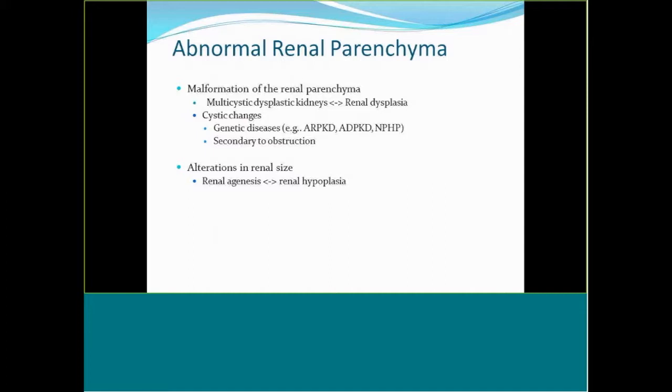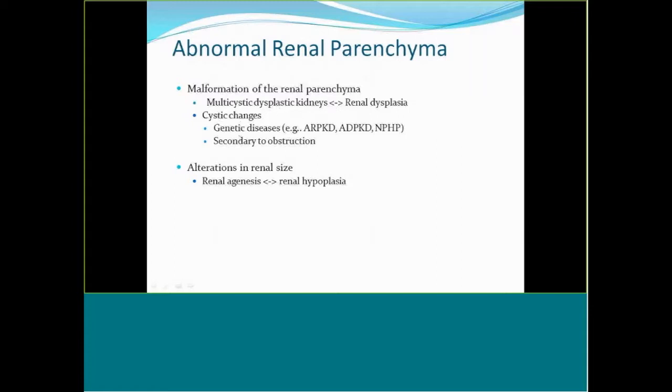And so you can have developing what's called a multicystic dysplastic kidney. And I will apologize, some of the terminology is confusing because we'll talk about cystic dysplasia that's different from multicystic dysplasia, and why they didn't differentiate those with better terminology, I have no idea. But multicystic dysplastic kidneys can be seen.